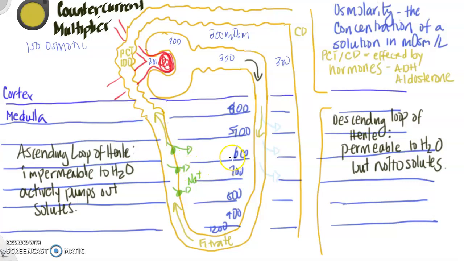So the osmolarity of the filtrate is being changed based on this osmolarity change as it goes down into the medulla. Okay, so the next video that I'm going to show, we're going to put the bloodstream in with this, but I want you to watch the video after this, which is not my video, which actually shows this countercurrent multiplier in action, and it'll help you understand that a little bit better.